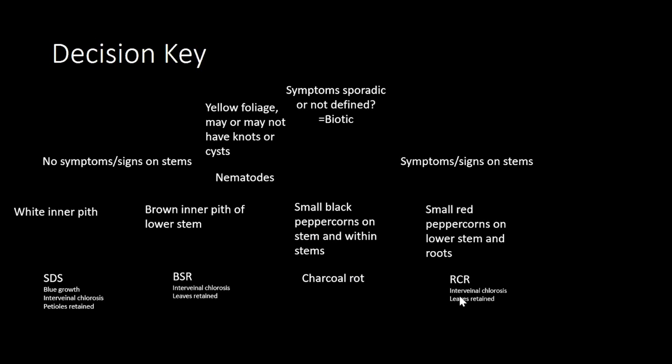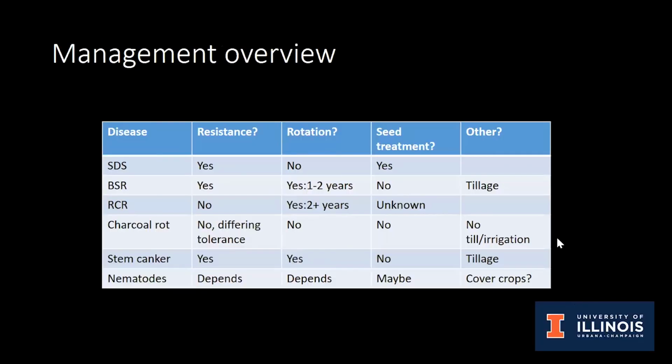You're also going to see interveinal chlorosis, and the leaves are going to be retained. And then if you see dark blotches at the nodes, maybe you see unilateral growth on the outside of the stem, and those lesions become sunken over time, that's going to be stem canker. And if you have southern stem canker, you may see some interveinal necrosis.